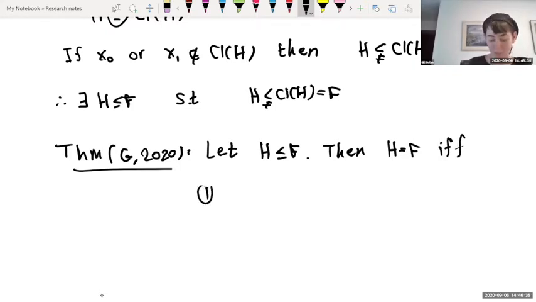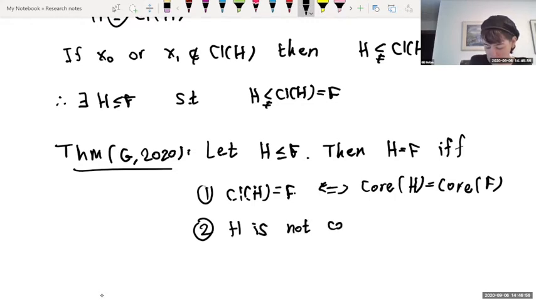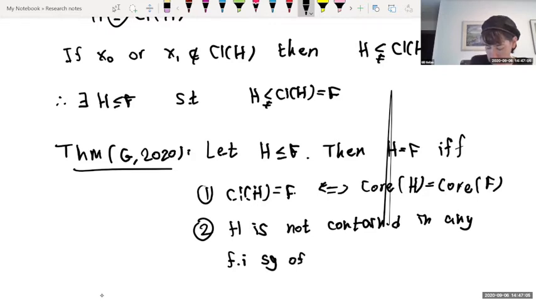The first condition is that the closure of H is equal to F, which is basically equivalent to saying that the core of the subgroup H is equal to the core of F. And the second condition is just that H is not contained in any finite index subgroup of F.